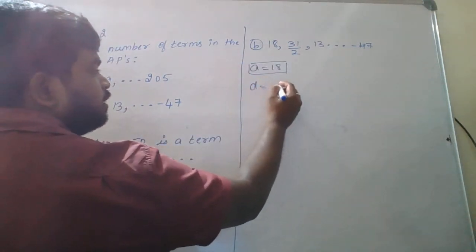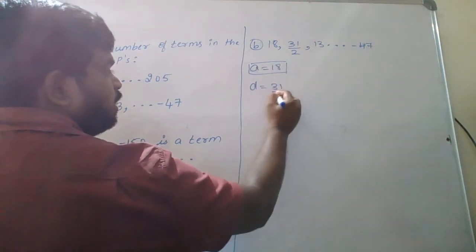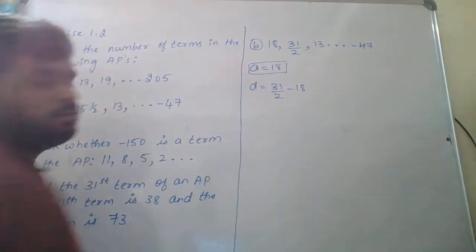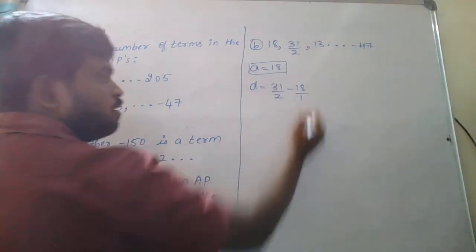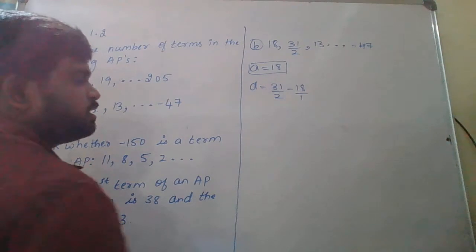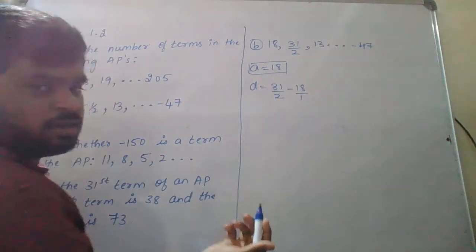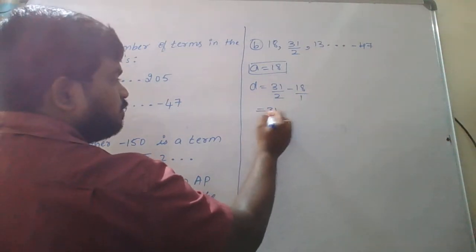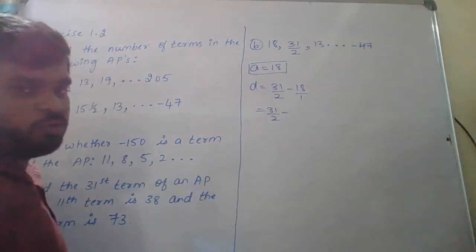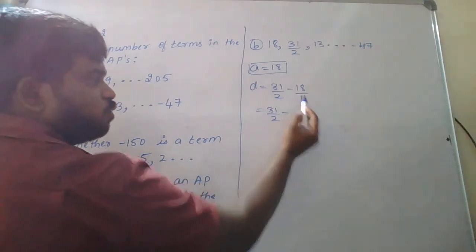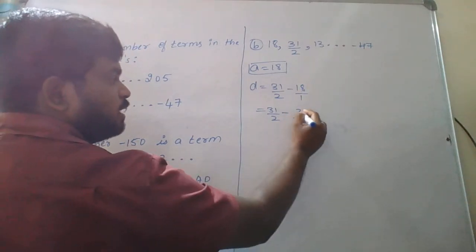How do you find D? Second term minus first term: 31 by 2 minus 18. You cannot directly subtract because this is a fraction and this is a whole number, so you have to take LCM. LCM of 2 and 1 is 2 itself. So 31 by 2 as it is. To make 18 over 2, multiply numerator and denominator by 2: 2 into 18 is 36.